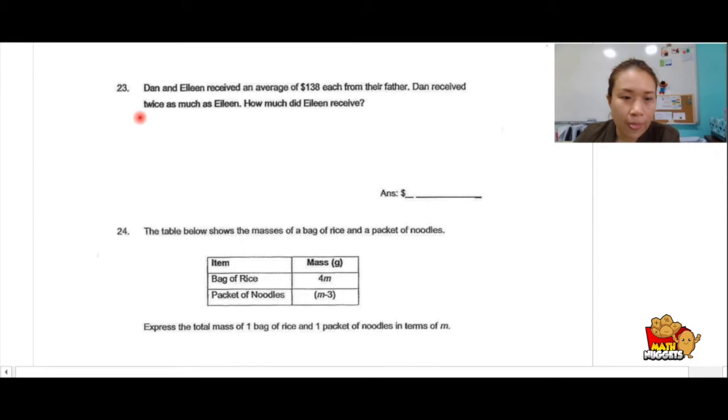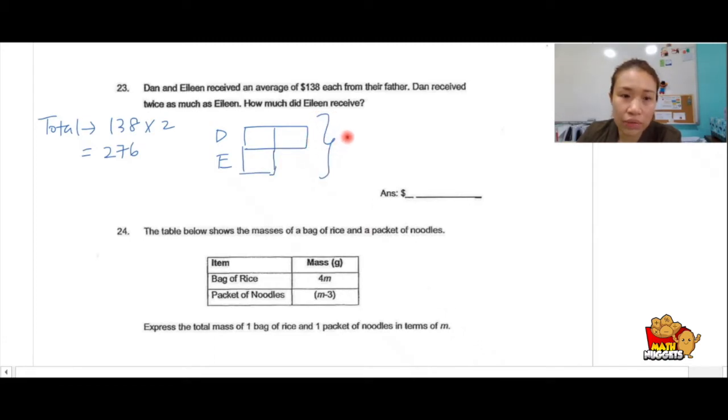Question 23. Dan and Eileen received an average of $138. So if they receive an average of $138, the total that they received will be 138 times 2, which is 276. And Dan received twice as much as Eileen, which means in total they received 3 units.